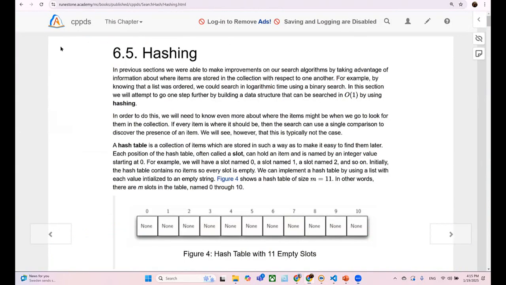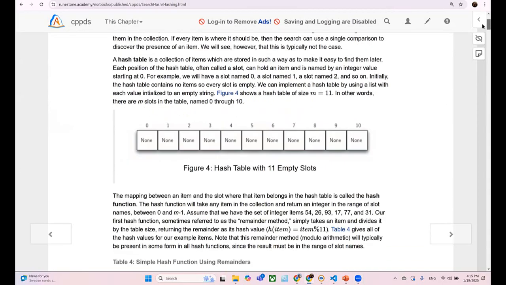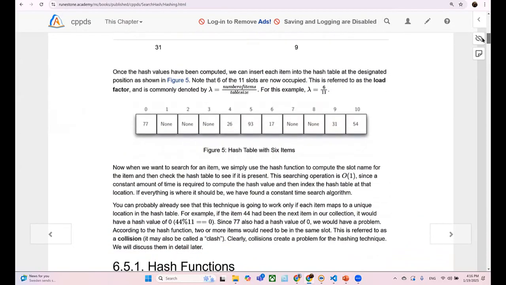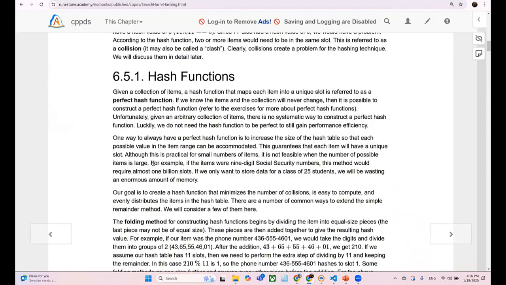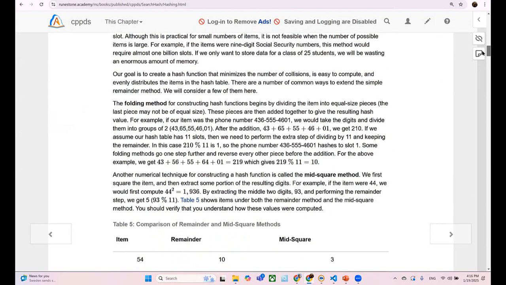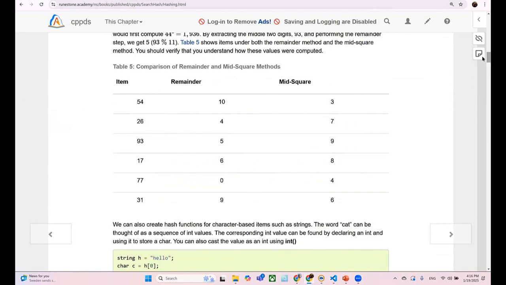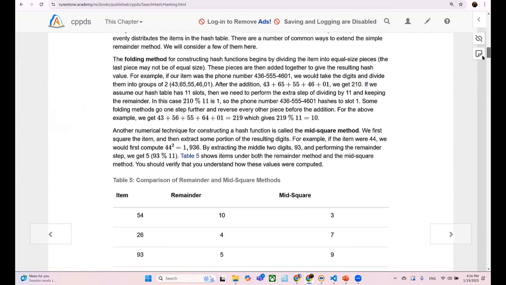The textbook talks about what hashing is and what a hash table is, including the key and value pair and also the hash value. They also talk about what a hash function is. We have talked about it already so far. Right here they are using the mean square algorithm.